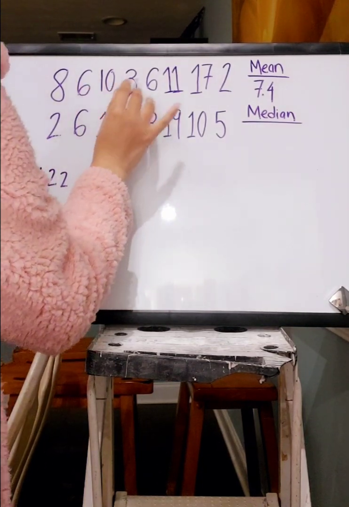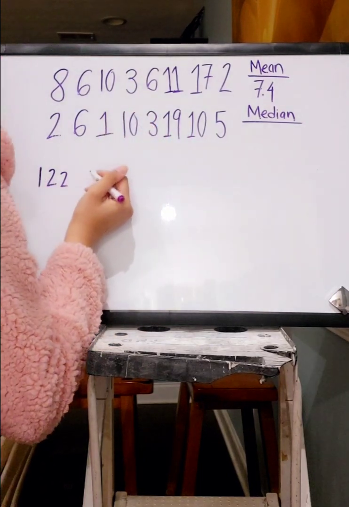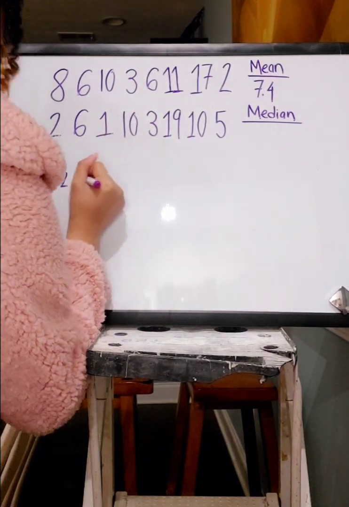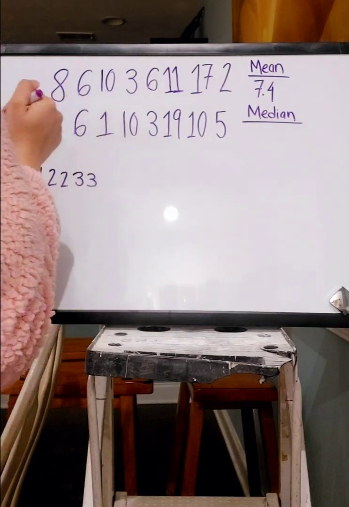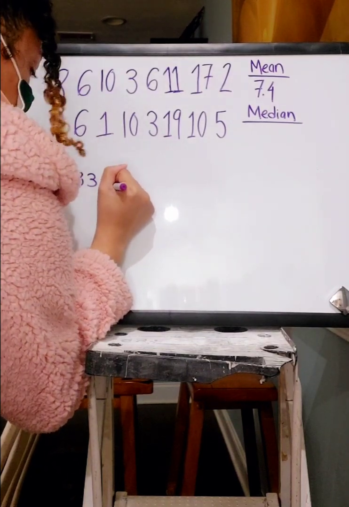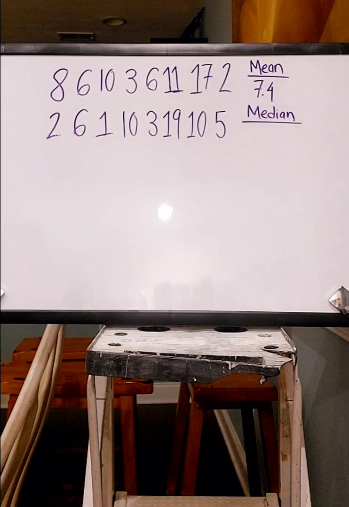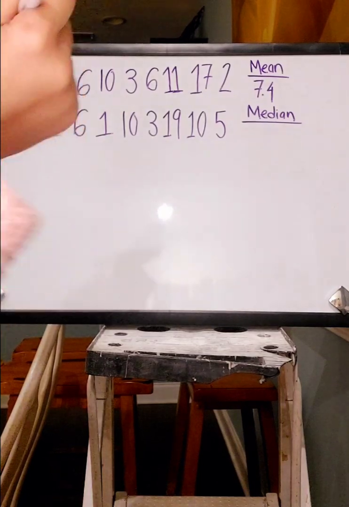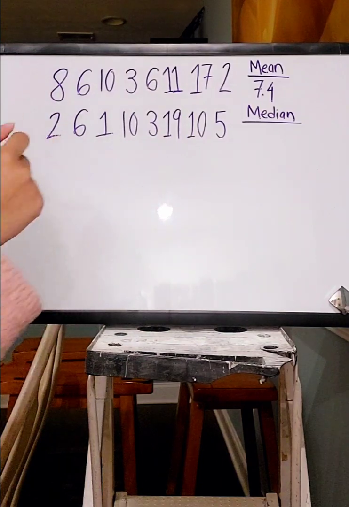How many 3s have we got? 2 3s. 5 and 6. I'll pause here. Alright, so I had to recheck my work. But let's start again by putting them in order from least to greatest.